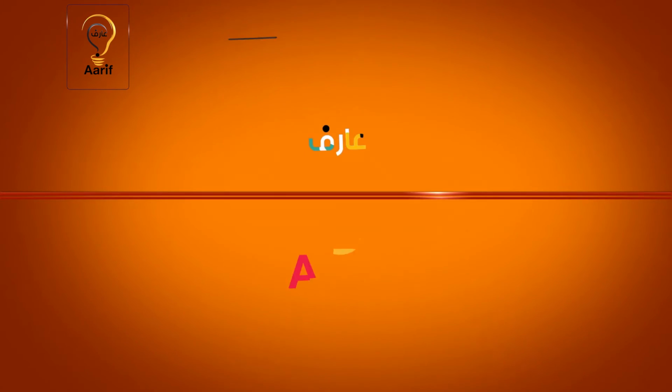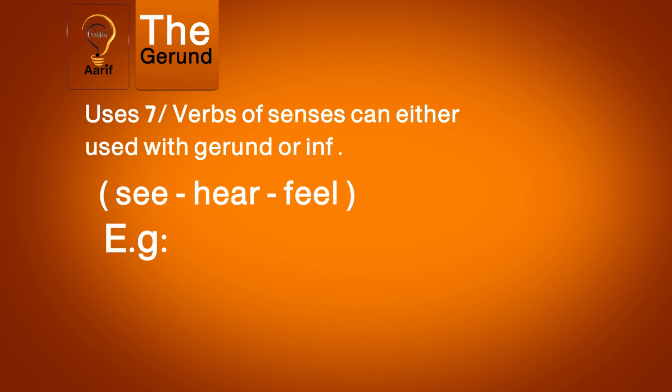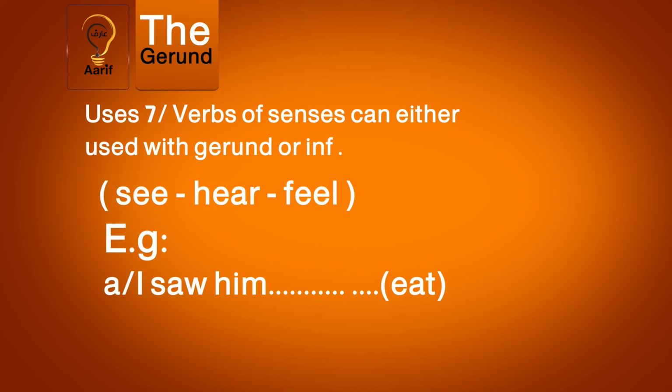So these verbs, the verb feel, the verb hear, the verb see, are used with either gerund or infinitive. You have a choice, either the bare verb or adding ing to the verb. For example, I saw him, eat, between brackets. Either make it gerund, eating, or leave it as infinitive.